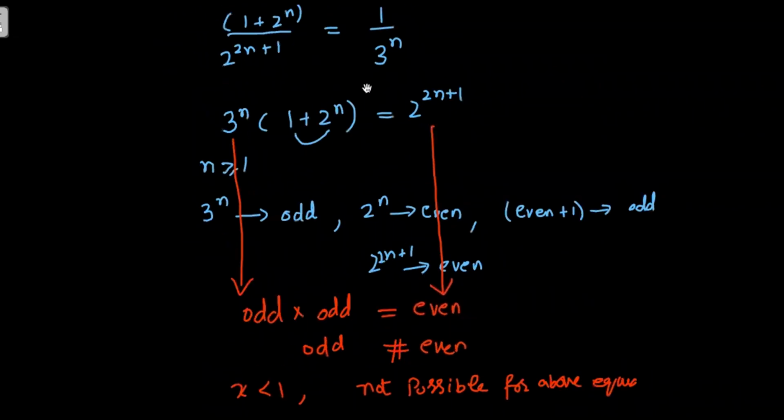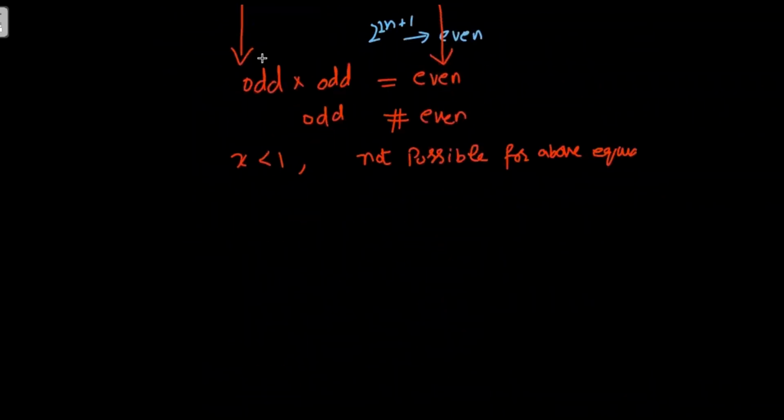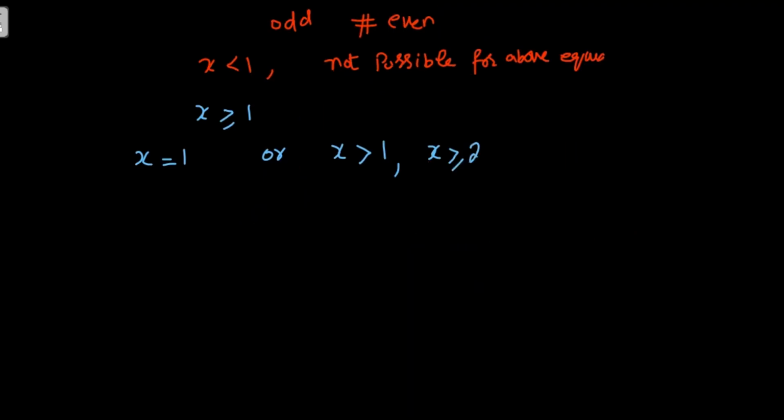Now x is greater than or equal to 1. To check this, firstly we check x equal to 1, and then we check x greater than 1. That is, we can write it as x greater than or equal to 2.